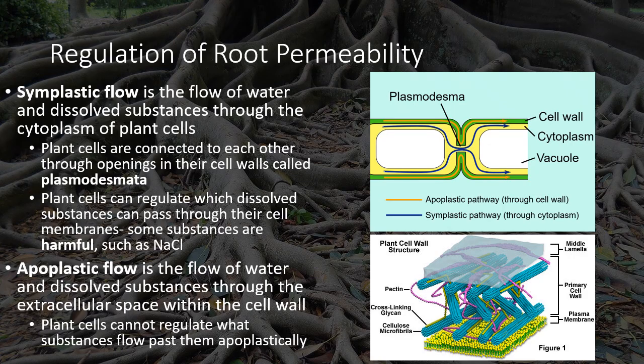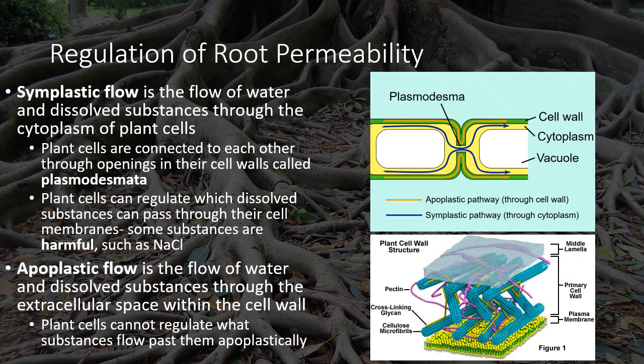But this matrix of cellulose fibers is actually quite porous. You can see there's a lot of spaces through which water or dissolved minerals could flow. And that can cause some problems for a plant which might be trying to keep harmful substances out of its tissues, because they can't control what's flowing through that.